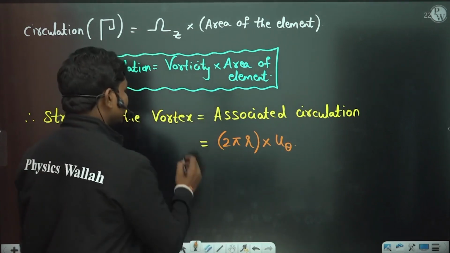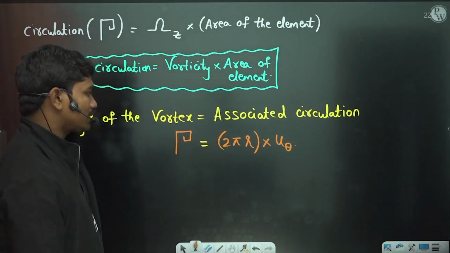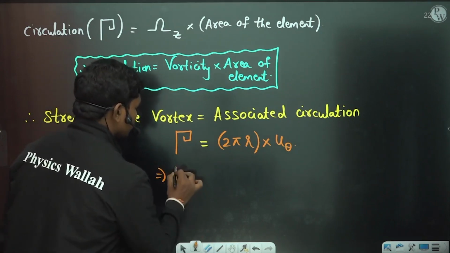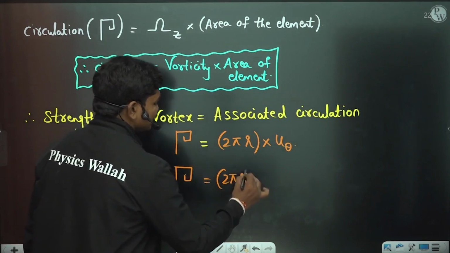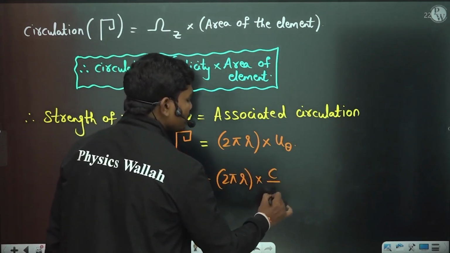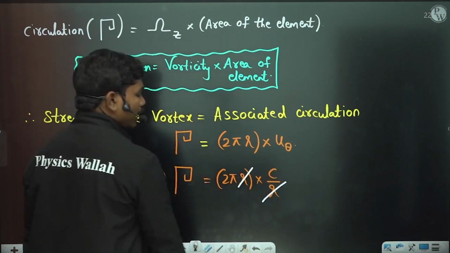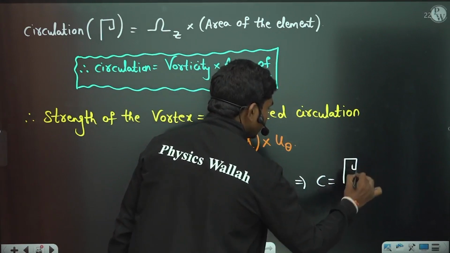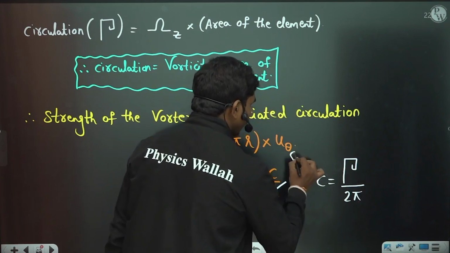Now this circulation is equal to 2 pi r times u theta, and u theta at any location is given by c by r. If you cancel this r and this capital R, c is given by circulation divided by 2 pi. So this is the value of the constant c.